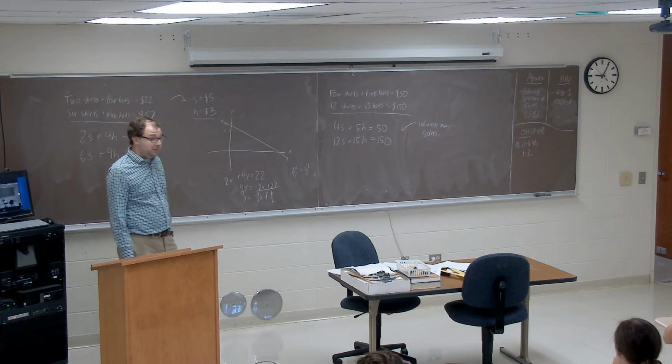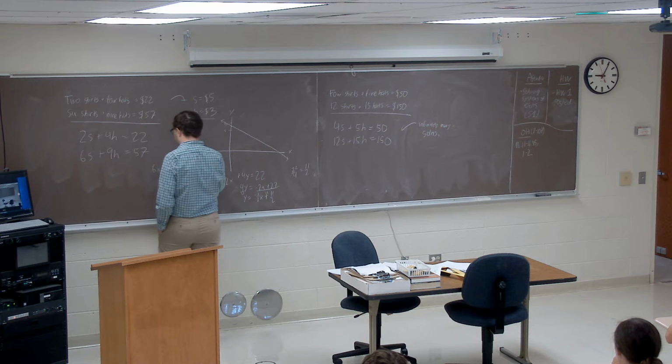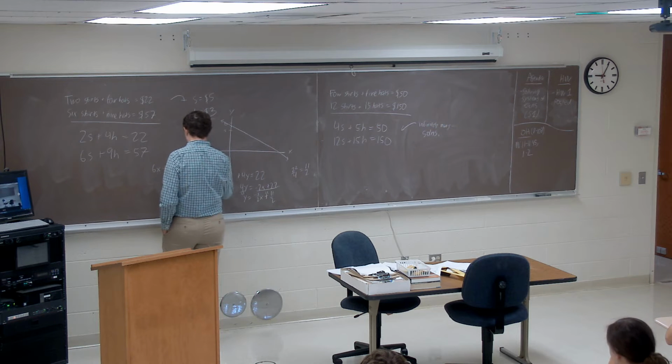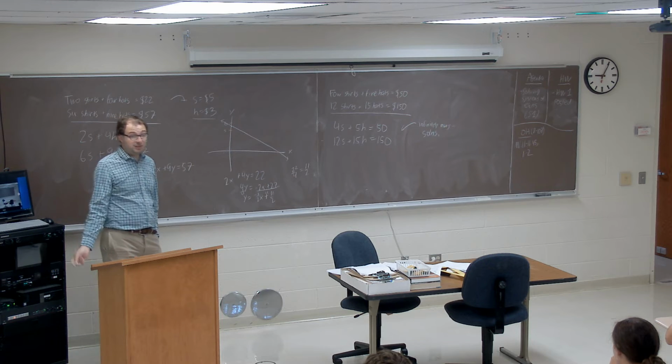And if we do the same thing with our other equation, let's write it as 6x plus 9y equals 57. We could similarly solve for y.